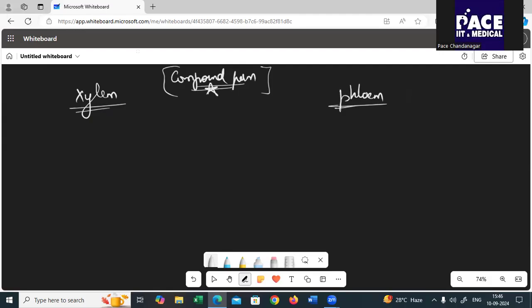We have just seen the simple tissues are made up of the same type of cells, where every cell looks the same. But xylem and phloem are compound or complex tissues having two or more types of cells together.